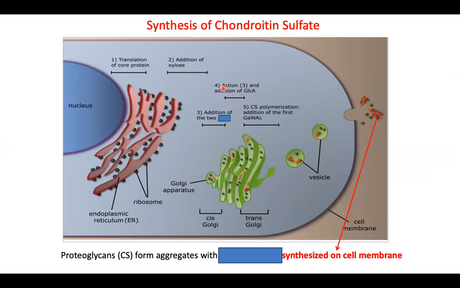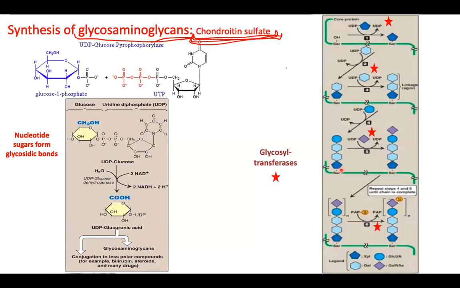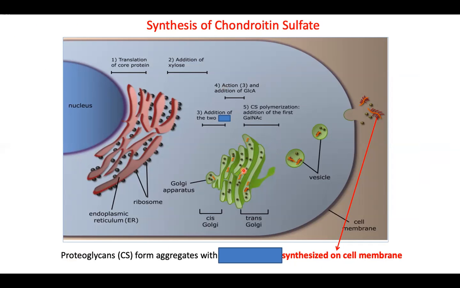Once you have the tetrasaccharide chain, now I can start adding as many disaccharide units as I want. I can just keep expanding the disaccharide units. The main concept is you need this tetrasaccharide chain, which you guys already know by heart, which is amazing. Once I have this protein core, which is this orange thing in the middle, then I have these little brown things sticking off, which are my GAGs.